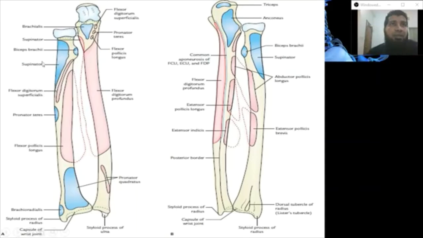The supinator muscle, which is responsible for supination, is inserted here and originates from the ulna. And at the ulnar tuberosity, the brachialis muscle is inserted. It is very much important. I have discussed the brachialis muscle earlier. And at the lower end of the radius and ulna, there is pronator quadratus. It is inserted in the radius and originates from the ulna.